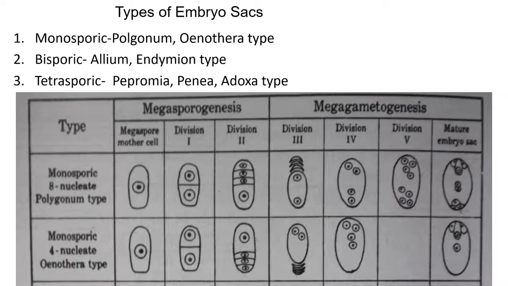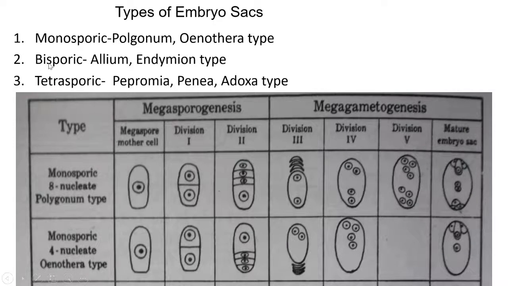On the basis of the number of megaspores participating in the development of the embryo sac, the process is categorized into monosporic, bisporic, and tetrasporic. Monosporic means a single functional megaspore, either from the chalazal end or micropylar end, takes part in the formation of the embryo sac.